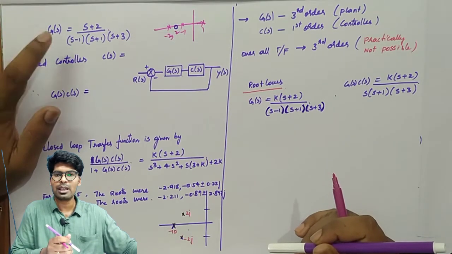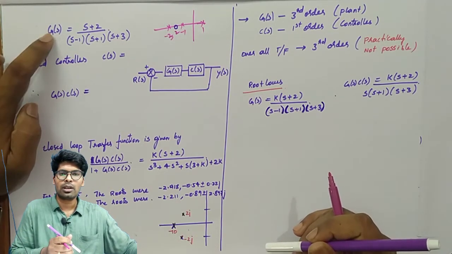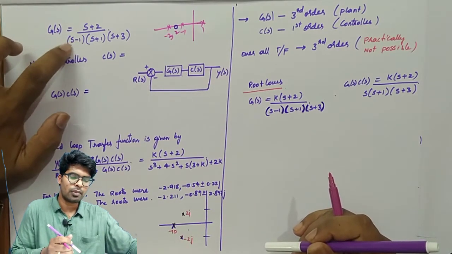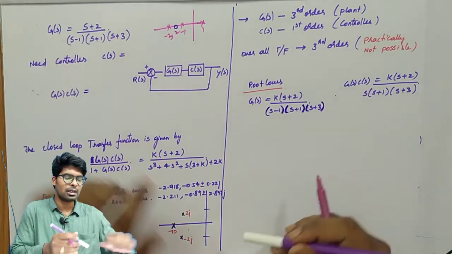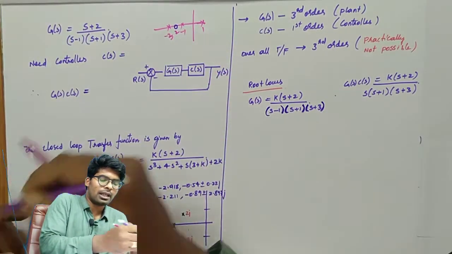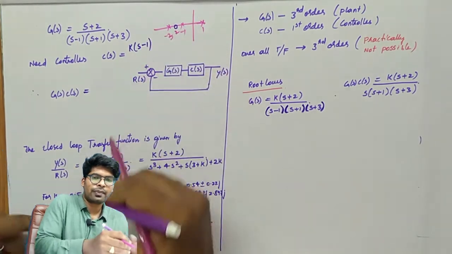For this unstable system, we need to give a controller to make it stable. So to cancel this pole, we use pole-zero cancellation. I take the privilege of adding one pole here.